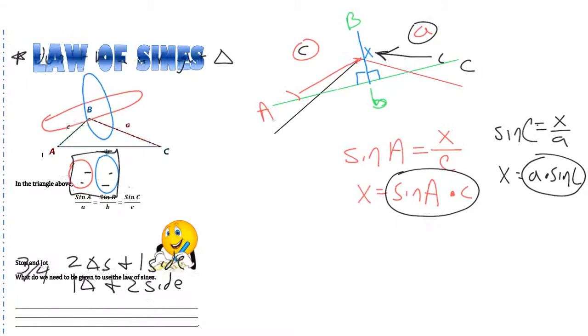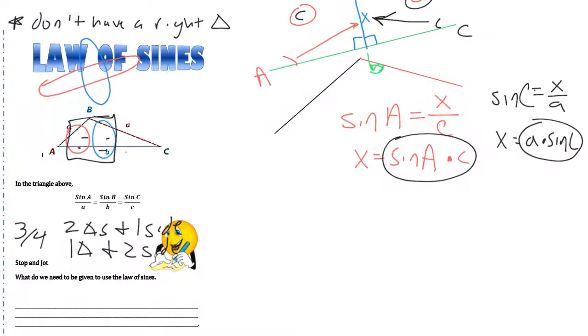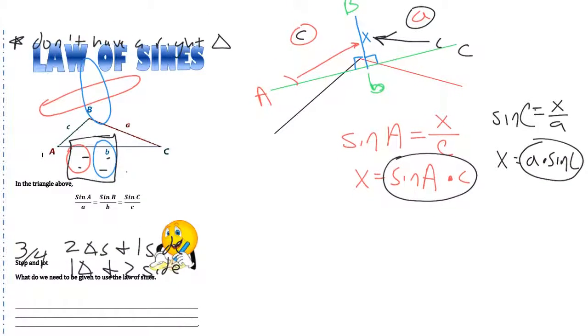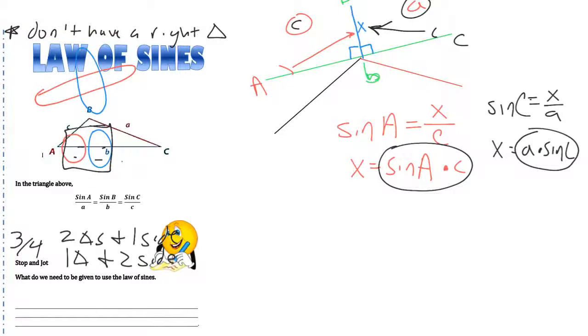I'm going to move some stuff up so I have a little more room. If I set those two equal to each other, sine of angle A times side c equals a times sine of angle C. If I want to get all the c's on one side, I could divide this side by c and divide this side by c.